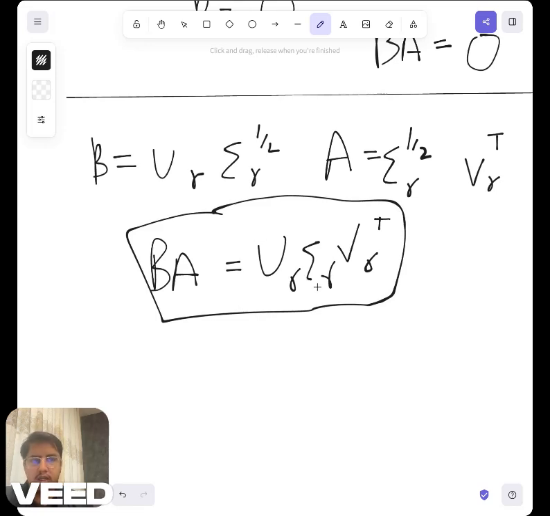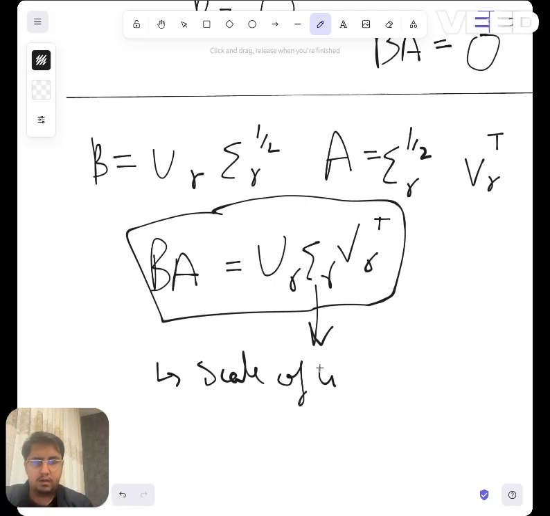The singular values in Sigma really just depend on a couple of things. They could depend on the scale of the loss. They could depend on batch size.